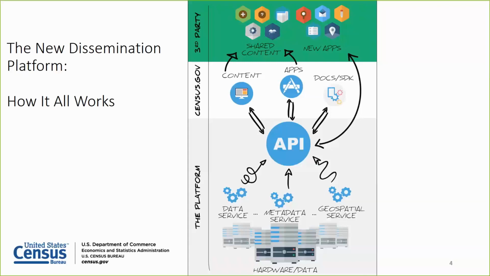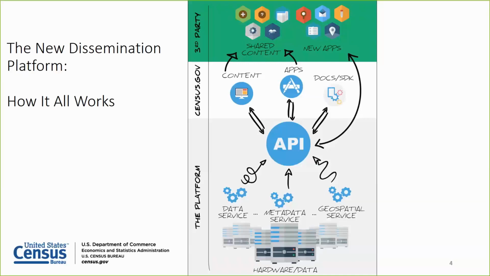But we also add apps and data visualizations and other things. The Census Bureau hosts the API not only for ourselves, but also for third-party customers who pull our data in their own applications and dashboards. With the API being the foundation of the new dissemination plan, we're working to reach more developers and make using the API easier for all of our users.